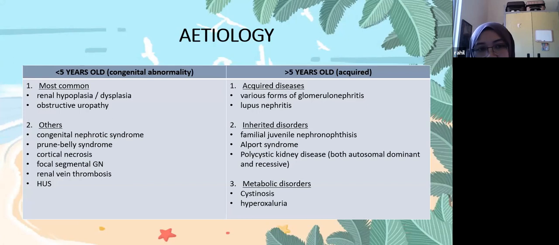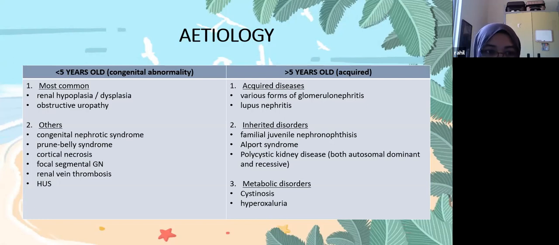And then for etiology, in children, CKD can be the result of congenital, acquired, inherited, or metabolic diseases. The underlying causes can be related to the age of the patient at the time when the CKD is first detected.